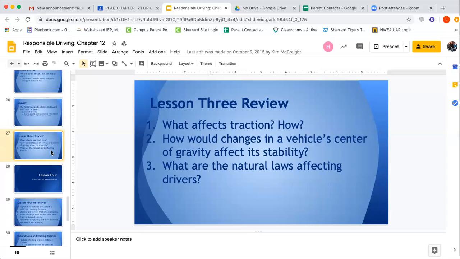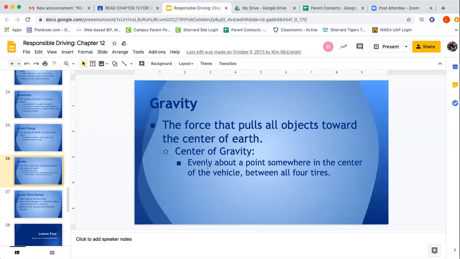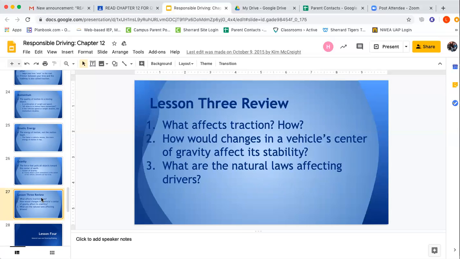How would changes in a vehicle's center of gravity affect its stability? Well, look at the force that pulls the objects towards the center of the earth. So center of gravity for your car is evenly about a point somewhere in the center of the vehicle between all four tires. So if we go to this question, how would changes in the vehicle's center of gravity affect its stability?